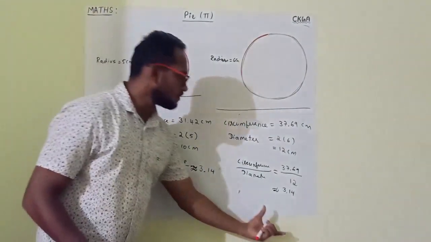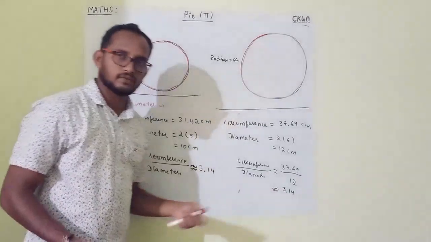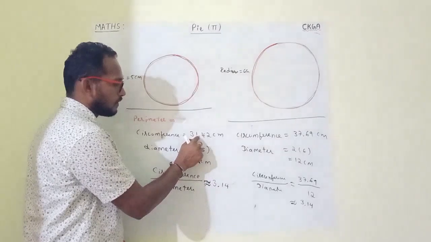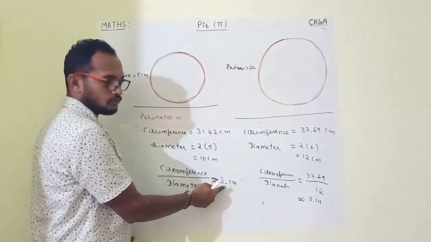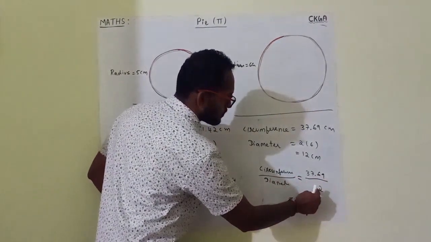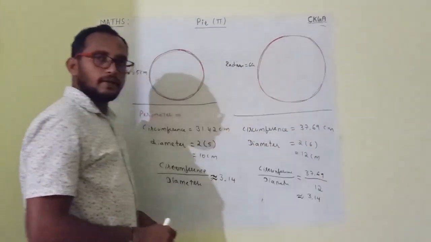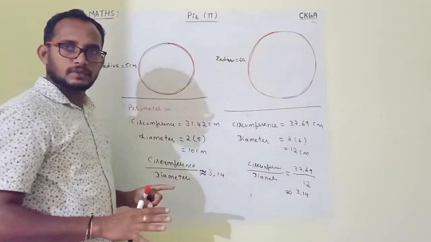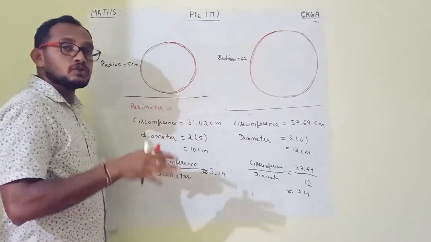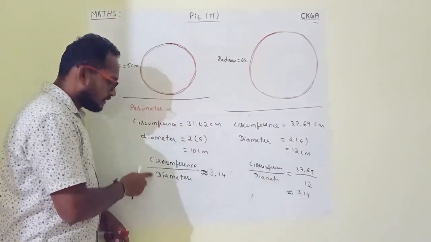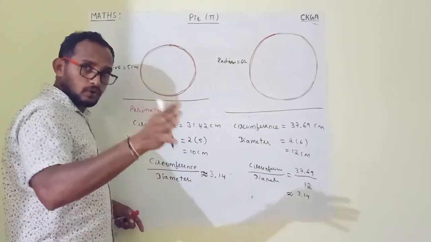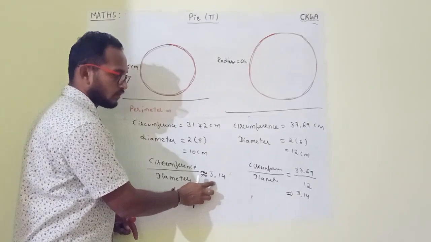So in both cases you are getting 3.14. So you divide 37.69 by 12, you get approximately 3.14. No matter what the size of the circle is, whenever you divide the circumference by the diameter, it is always approximately equal to 3.14.